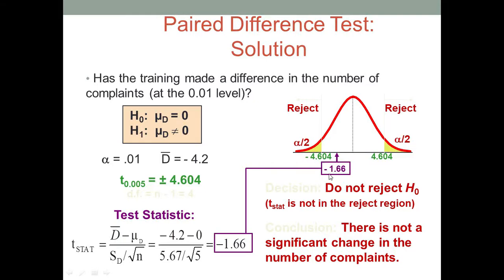We know that negative 1.66 falls within the acceptance region. So because of that, the decision is that we do not reject the null hypothesis. The conclusion is that there is not a significant change in the number of complaints, or we don't have sufficient evidence to reject the null hypothesis.